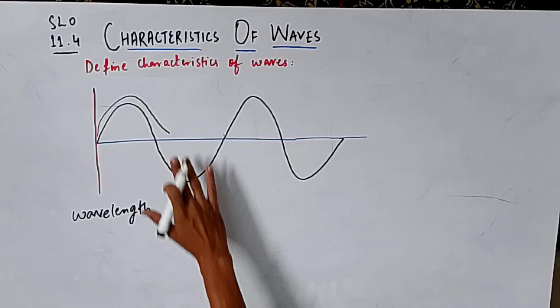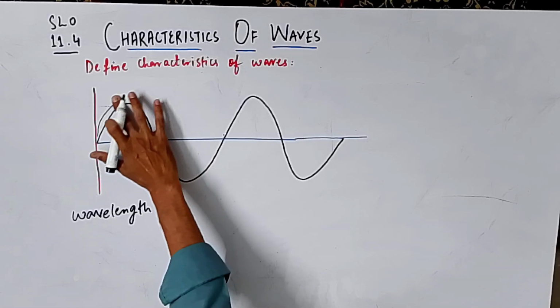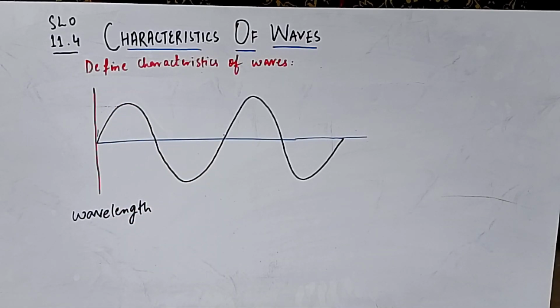So when we talk about the wavelength, it is the distance or the measurement between two successive points of a wave that are in the same phase. Let's write it first.